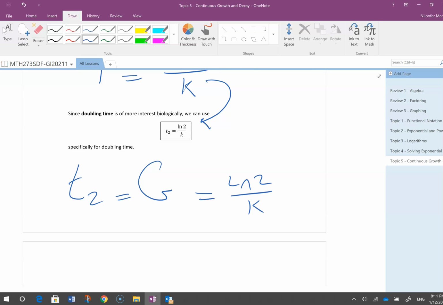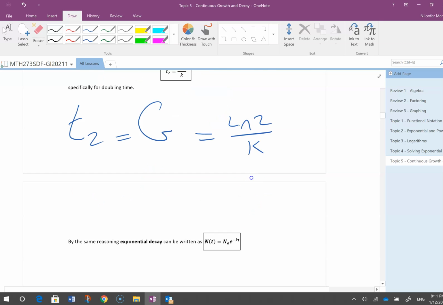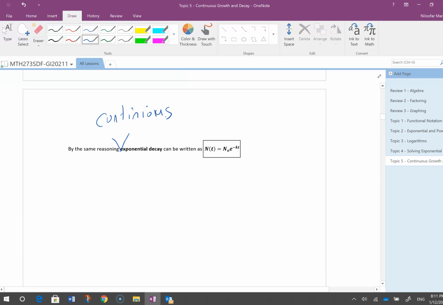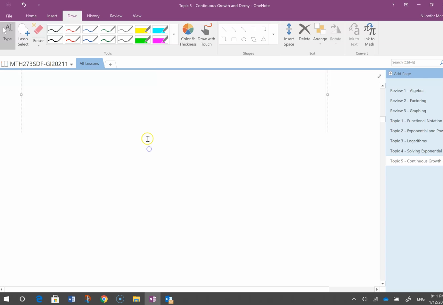By the same reasoning, continuous. Here I have to say continuous. I'm not sure my spelling is good, so maybe I can type it.